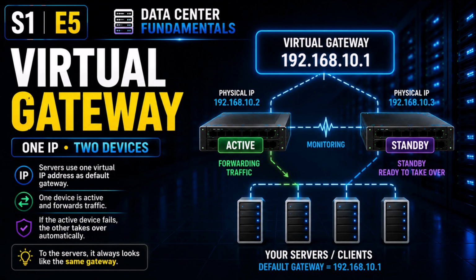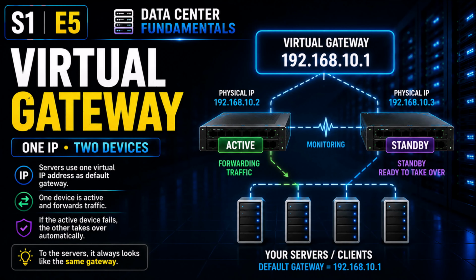Instead of configuring the server with the address of a physical switch, we give it a virtual gateway IP. For example, the two layer 3 switches may have their own addresses. Switch A uses .2, switch B uses .3, but the servers use .1 as their default gateway.